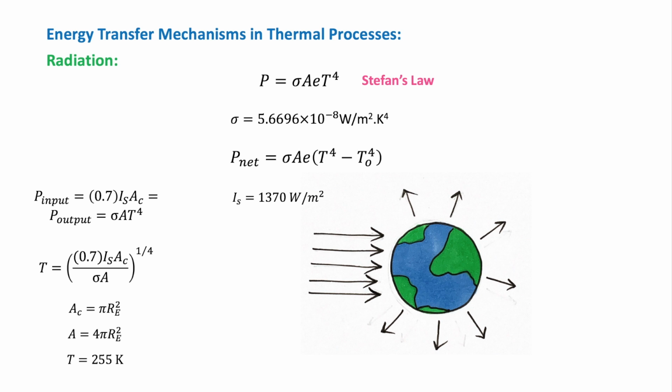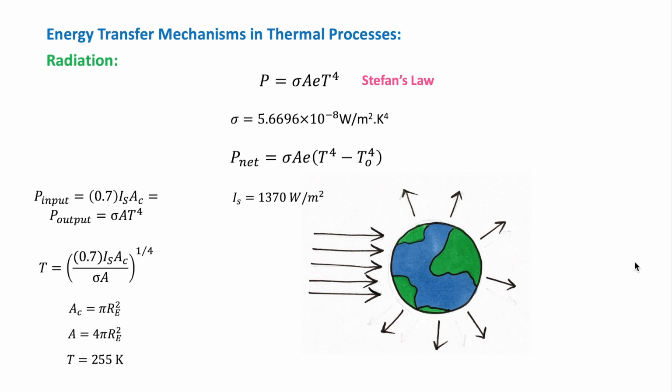Since the temperature of any object is due to the random motion of molecules, and since these molecules contain electric charges, it follows that any object radiates electromagnetic waves due to the thermal motion of its molecules, and this is known as thermal radiation.